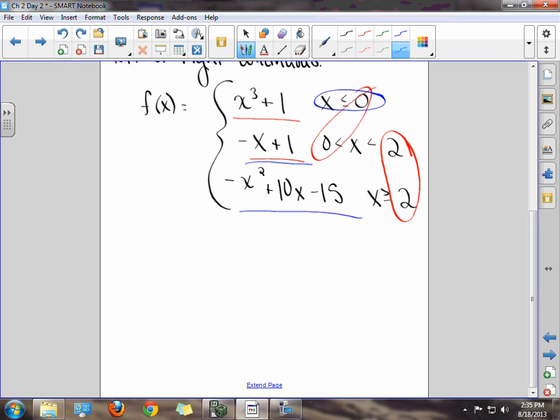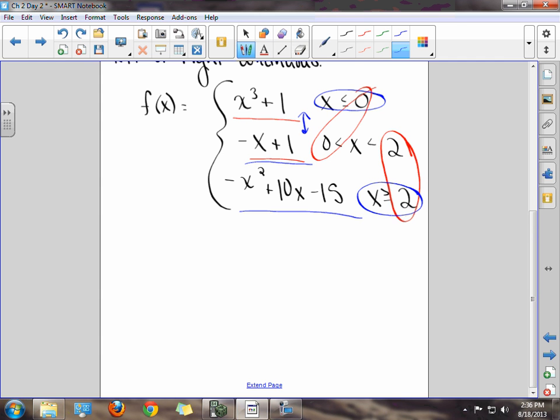So if this were a discontinuity between x cubed plus 1 and negative x plus 1, then this would be left continuous, because I'm including 0 in the interval on the left side, on the x cubed plus 1 side, the less than side. If at 2 there was a discontinuity, then this would be right continuous because it's greater than or equal to. That means as I'm approaching from the right, the values that are greater than 2, my function value is going to lie in that piece.